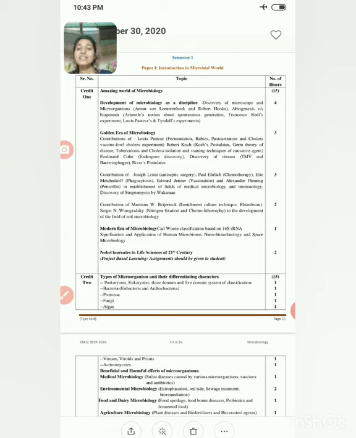The scientist Carl Woese, based on 16S RNA, studied the applications and significance of different microorganisms such as the human microbiome. Now, what is the human microbiome?